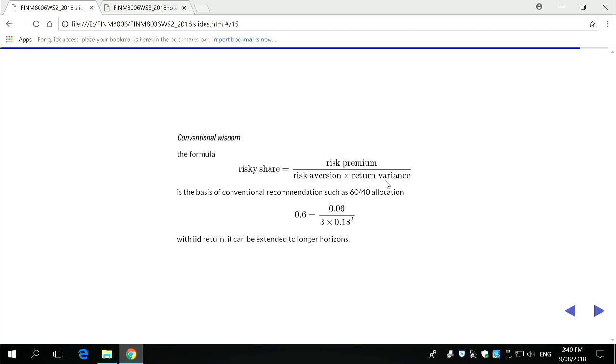And you say, oh, risk premium, I don't really know. Maybe it's higher, maybe it's lower. Looks like it's lower, but I'm not sure about the future. Risk aversion doesn't really change, I assume. Return variance, wow, that's much higher now, right? And then you get to the conclusion that the share of the risky asset should decrease. So if the share of risky assets should decrease, then you should advise your customer to sell his shares. What's the problem with this advice?